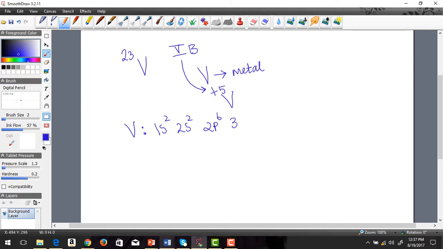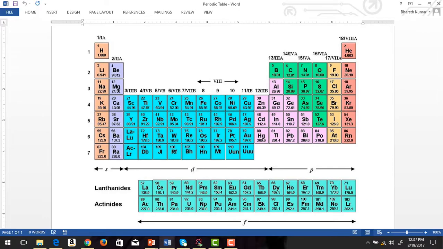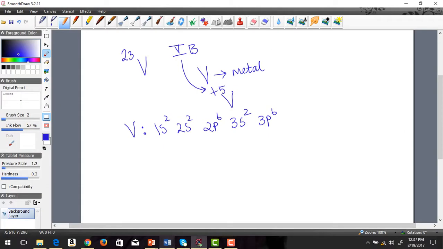That means it can lose all of this 5, which is what the 5B corresponds to, or it can just lose the 2 first and then it can lose the 3. That means vanadium can technically be +2, +3, or it can have the full +5.